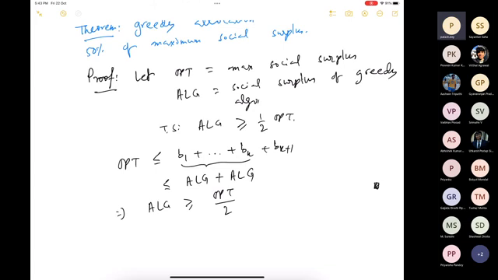So this is the whole field of algorithmic mechanism design, auction design. In many real world scenarios, it turns out that designing the surplus maximizing allocation is often an intractable, NP hard problem.